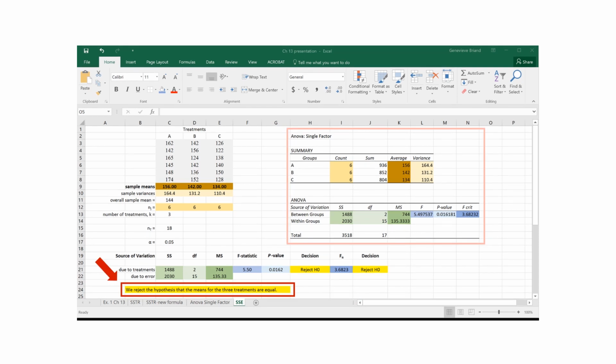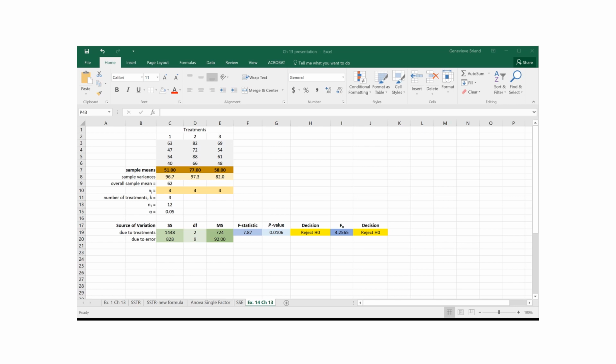So we rejected the null hypothesis that the means for the three treatments are equal. What we've established is that all three are not equal. But it could be that two of them are. So if we want to establish exactly which means are different, we need to run additional tests. So this is what we are doing next.